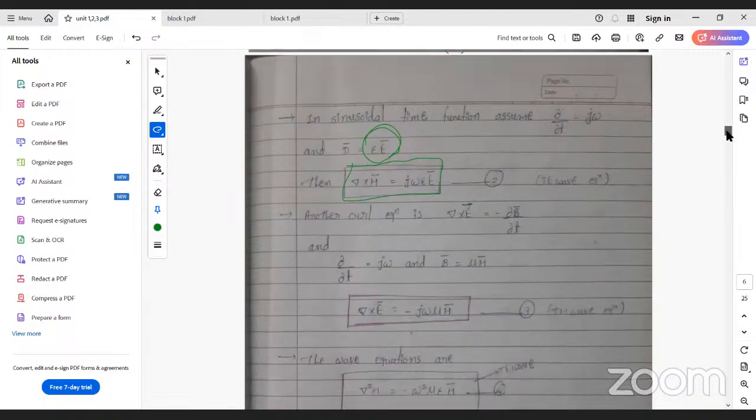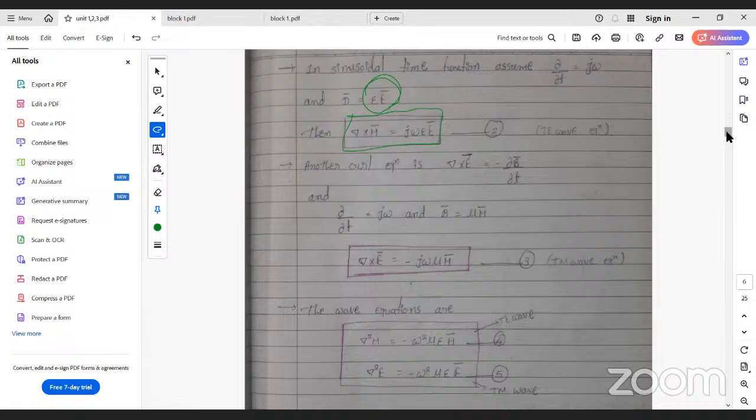Now observe equation 3. How did we get equation 3? Instead of dou by dou t, we substitute j omega, and B equals mu H. Here E means electric field, and H means magnetic field.